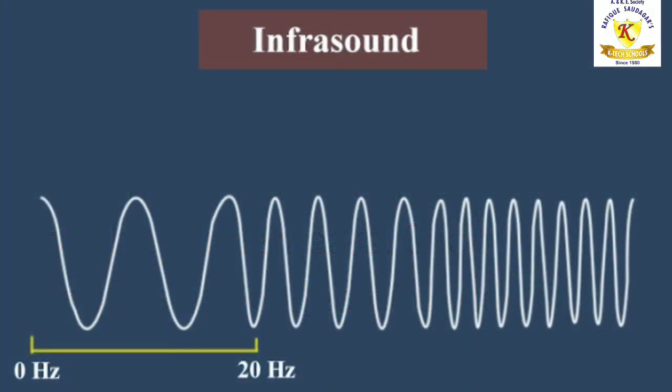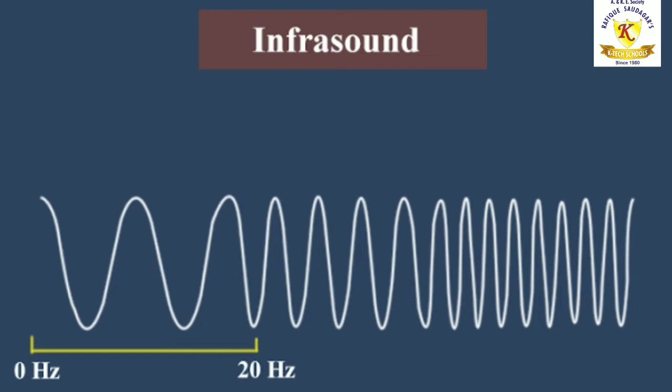Infrasounds. Now children, sounds with frequency smaller than 20 Hz are called infrasounds. It means sound produced between 0 Hz to 20 Hz. So these kinds of sound are known as infrasound.